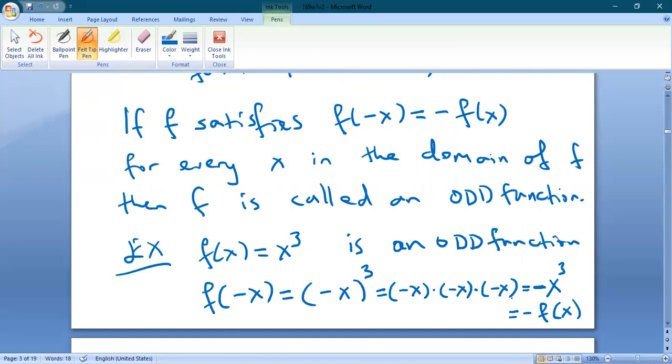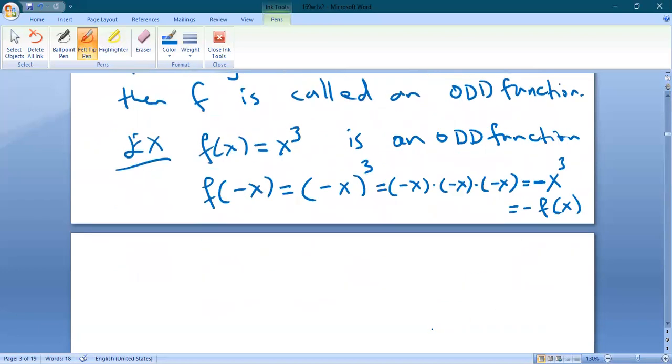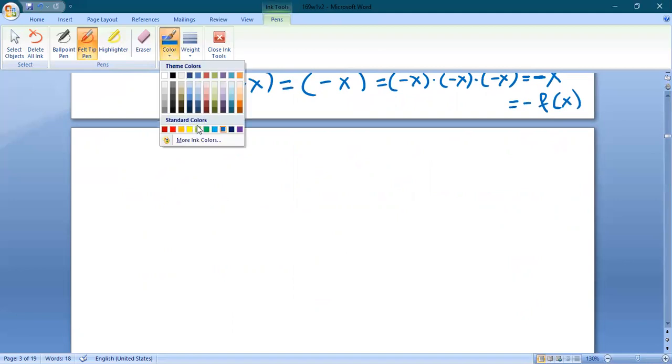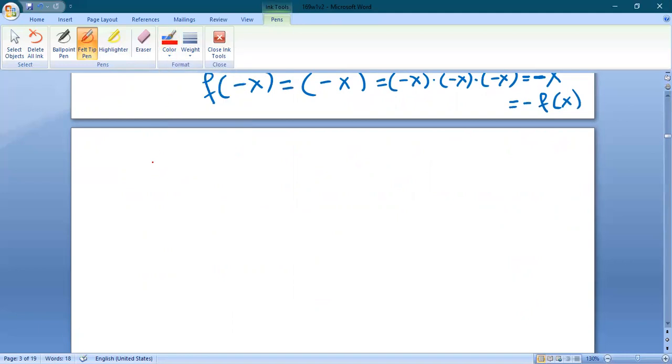Okay, now another type of function, or maybe it can be called a property, is increasingness or decreasingness. We will deal with this in both the derivative and the integral part. So, increasing and decreasing functions.